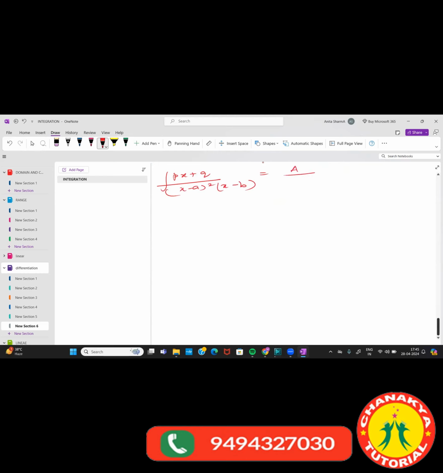So you will write like this: A upon x − a, the least power you will write, then B upon (x − a) whole square plus C upon x − b.